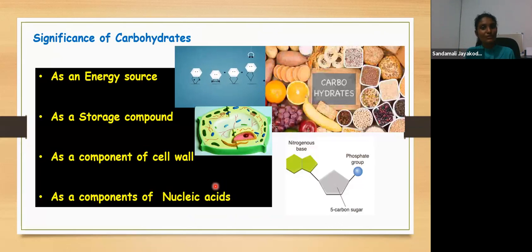As I told you, glucose is a good energy source when we are about to run. All the carbohydrates act as an energy source, but starch and other carbohydrates are not fast dissolving and do not act fast. Then they act as a storage compound.